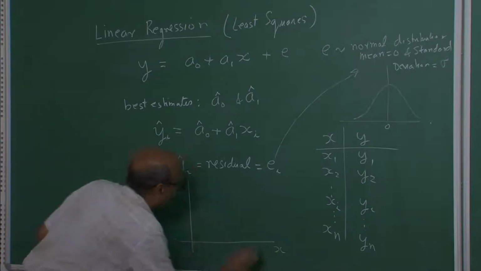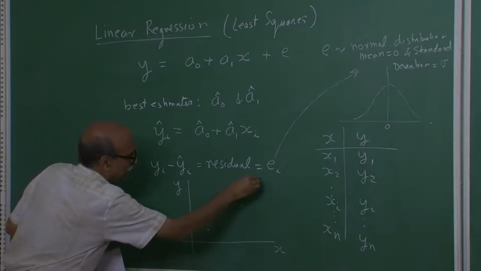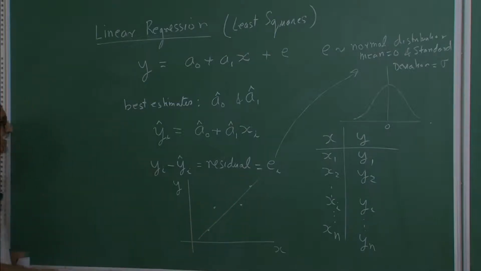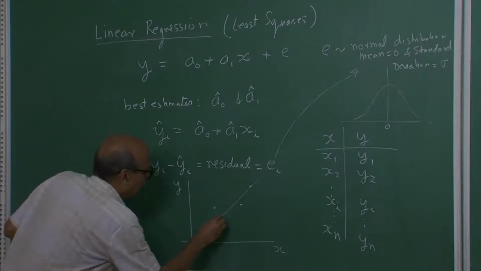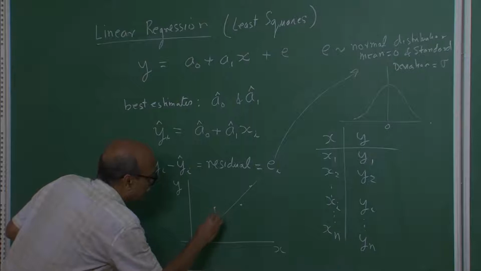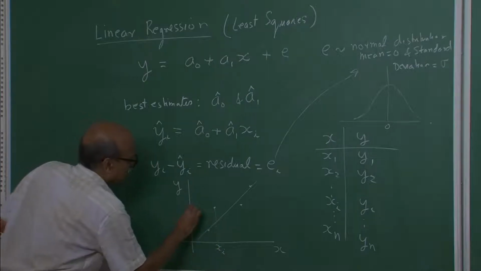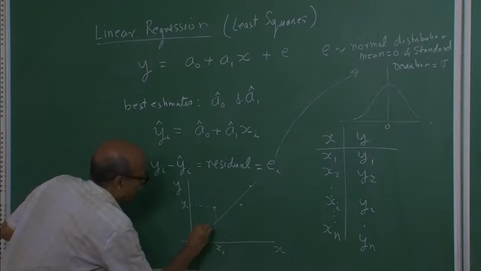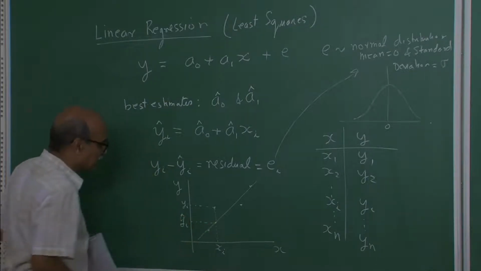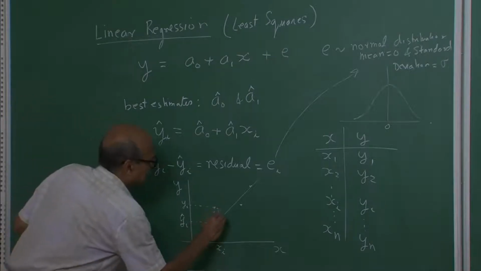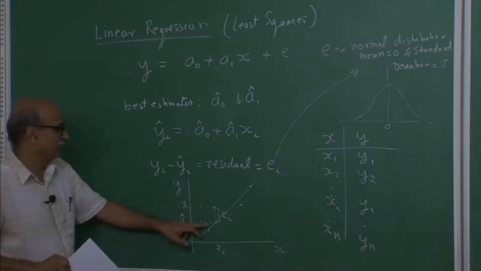If I just plot my data points, and through this data I draw the best fit line and look at different values, suppose this is my xi, then this is yi, while this point on the line is yi cap, the predicted value, and this is ei, the difference between yi and yi cap.